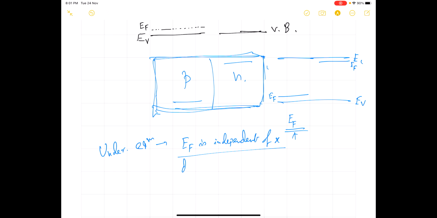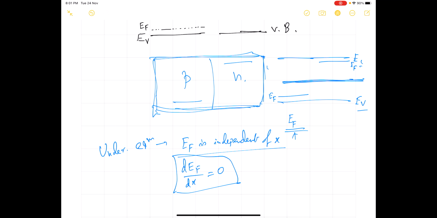Okay, so d of EF by dx should be equal to 0. That's why it doesn't matter where your conduction band or valence band is, your Fermi level has to be continuous, so it has to be placed at a certain energy.